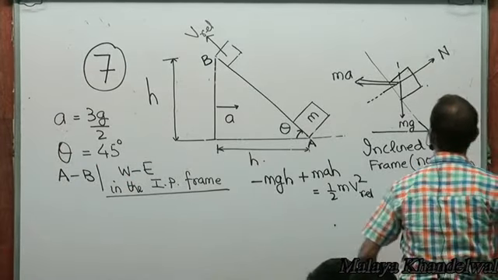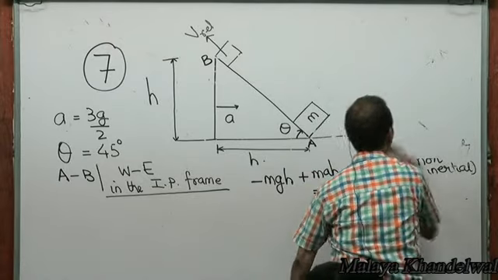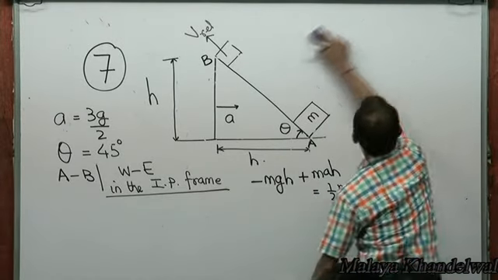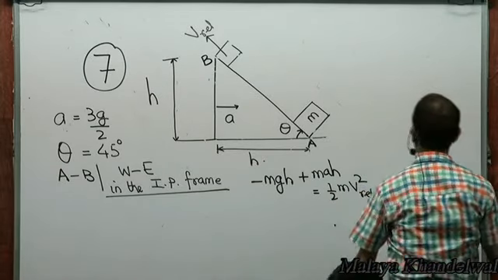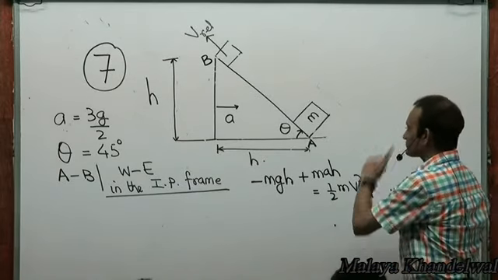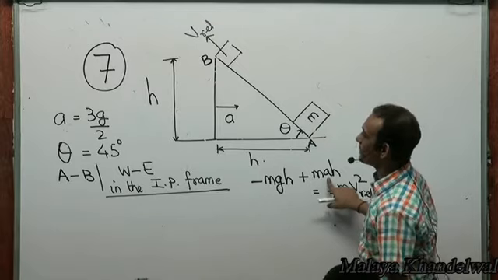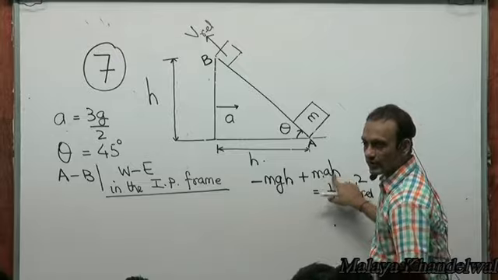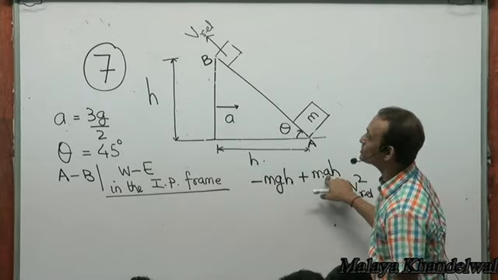Can I remove the clutter from here? a is 3g by 2, right? Plug in a equal to 3g by 2.